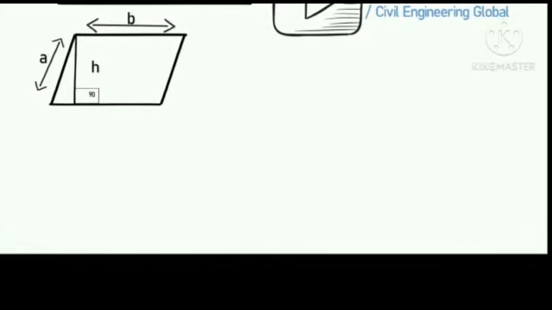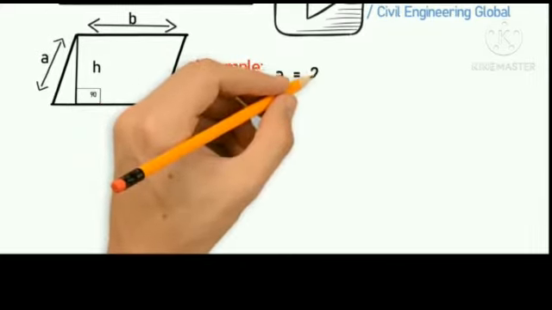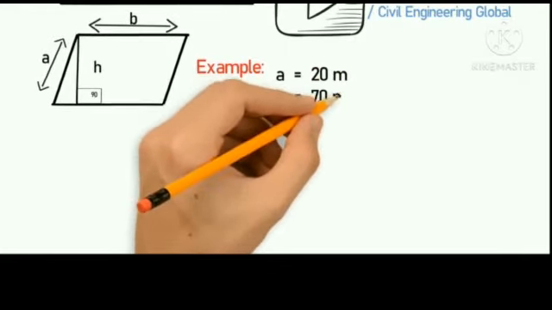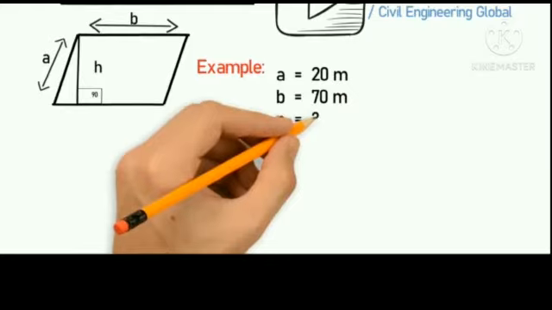Let's consider the example. A is equal to 20 meters. B is equal to 70 meters. We have to find the perimeter of the parallelogram.